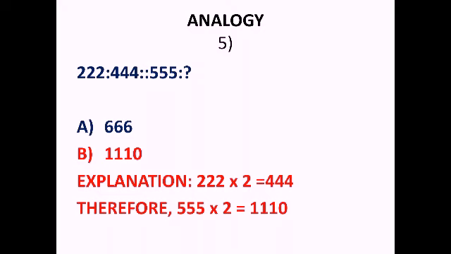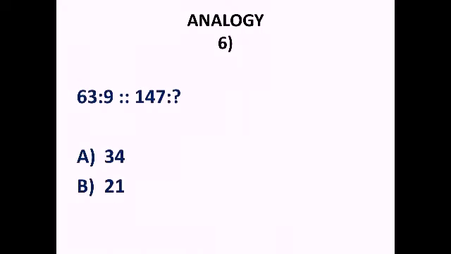Like 222, when you multiply by 2, you get 444. So now you got the relationship that the first number has to be multiplied by 2 to get the second number. So in the second set, 555 is the first number. If you multiply 555 by 2, you will get the second number, that is 1110.